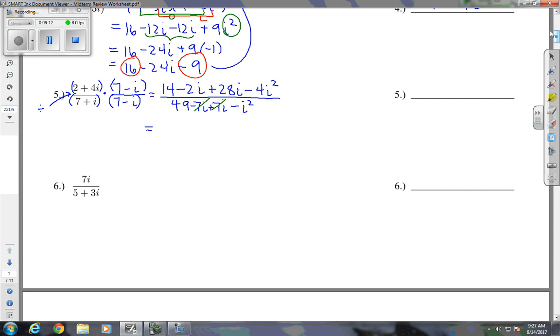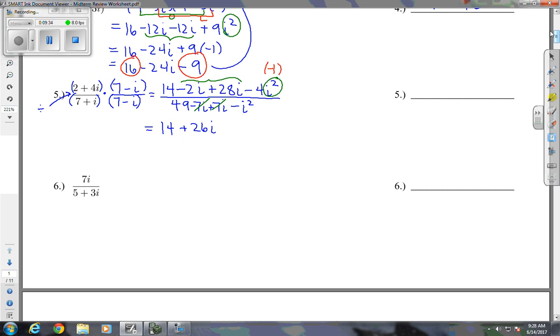So in the top, we have 2 imaginary numbers that we need to combine, and an i squared to work on. So we have 14, combining the middle terms, 26i, replacing that i squared with a negative 1. Now if you want to do a shortcut here, the i squared gets replaced with negative 1.